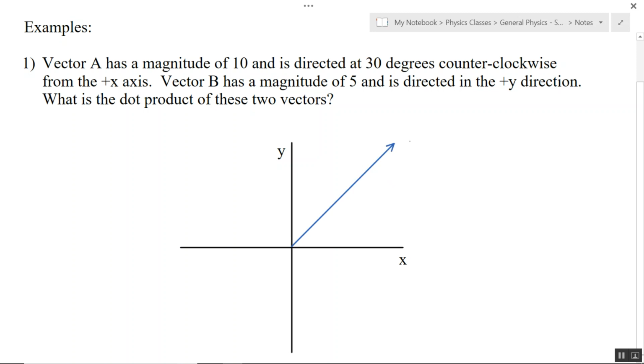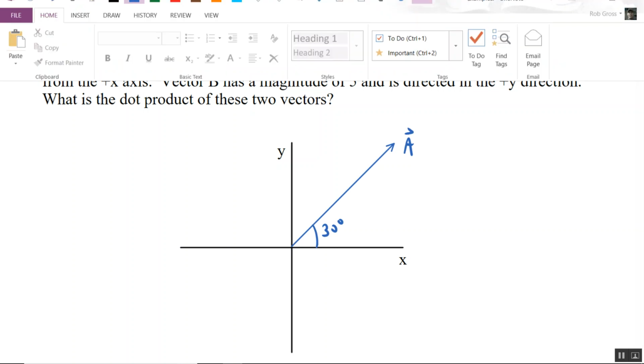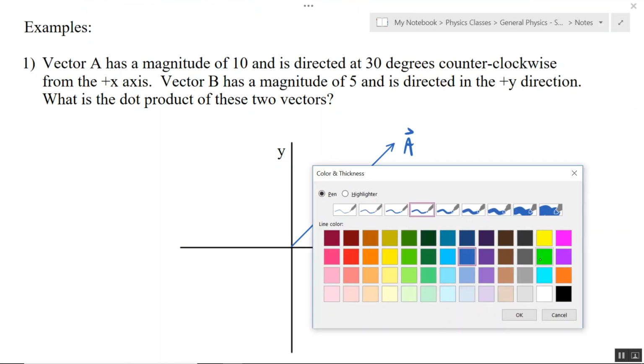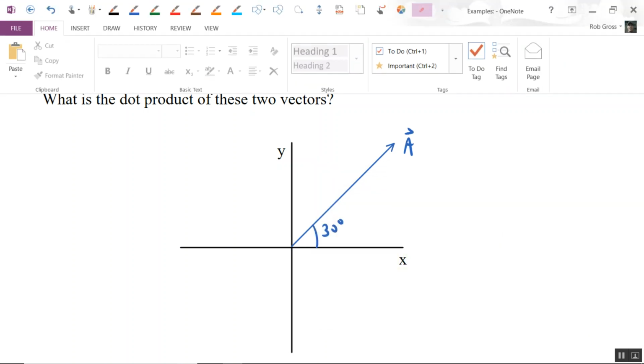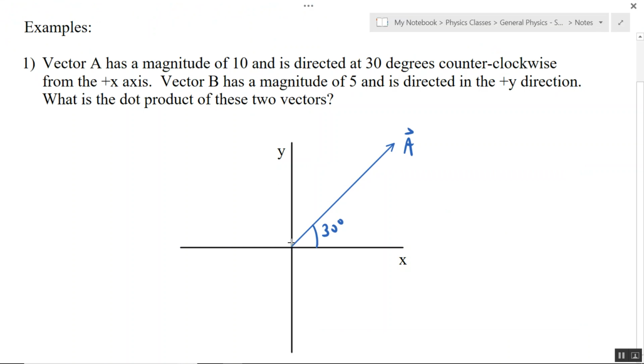So this is vector A. It's not to scale, and this isn't 30 degrees exactly, but it's supposed to be 30 degrees. Where's vector B? It's on the positive y-axis, like this. It's half as long. It doesn't matter if you get it perfect, but that's vector B.